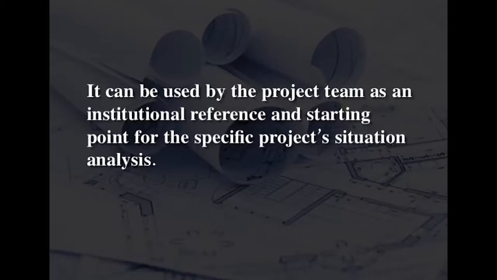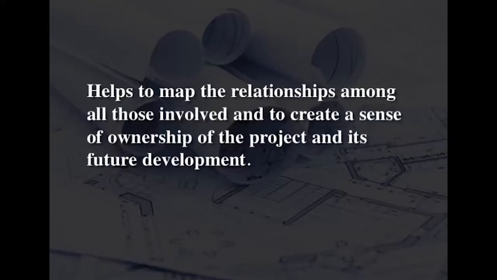It can be used by the project team as an institutional reference and starting point for the specific project situation analysis. It helps to map the relationships among all those involved and to create a sense of ownership of the project and its future development.